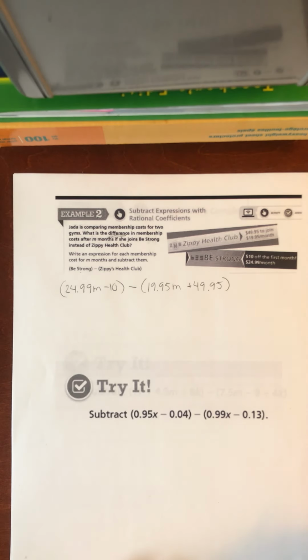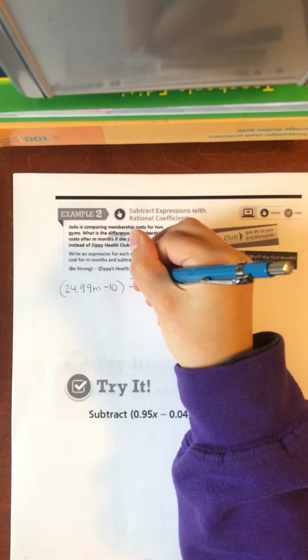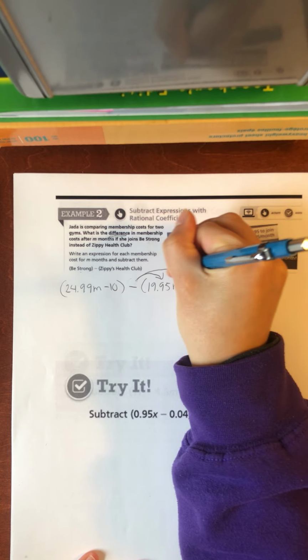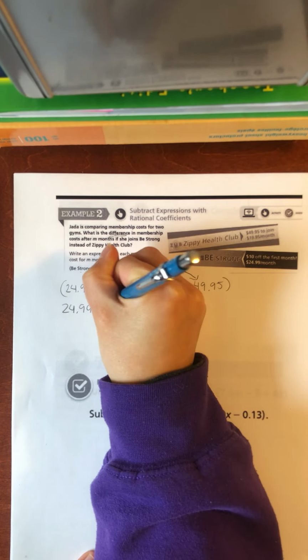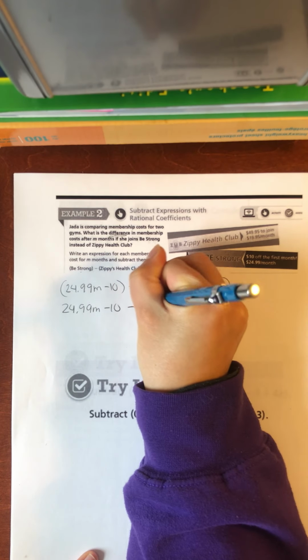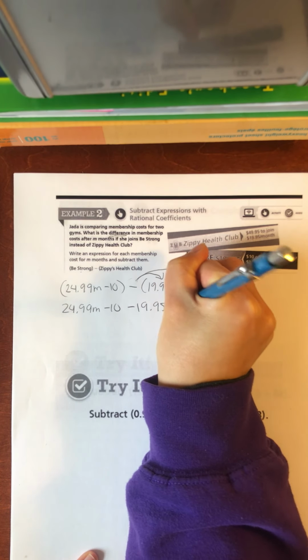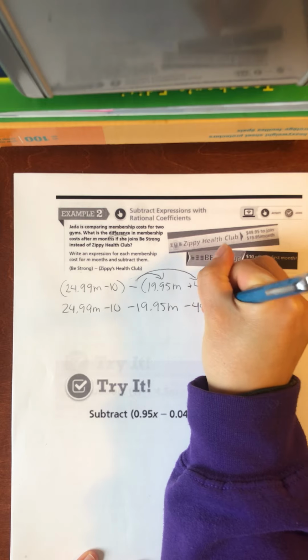Now we're going to subtract these two expressions. To do that, we have to distribute this negative. So now we have 24.99M minus 10 minus 19.95M minus 49.95.